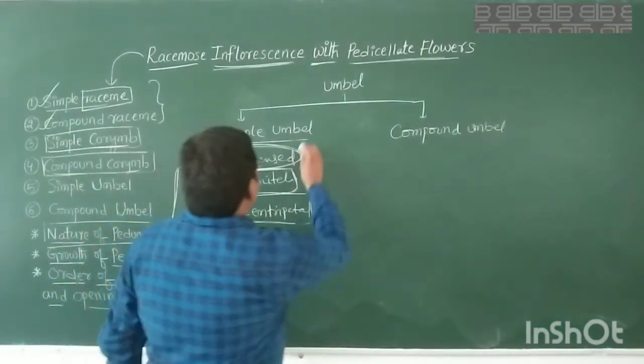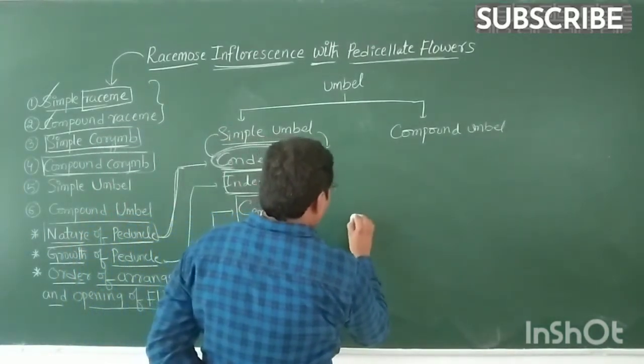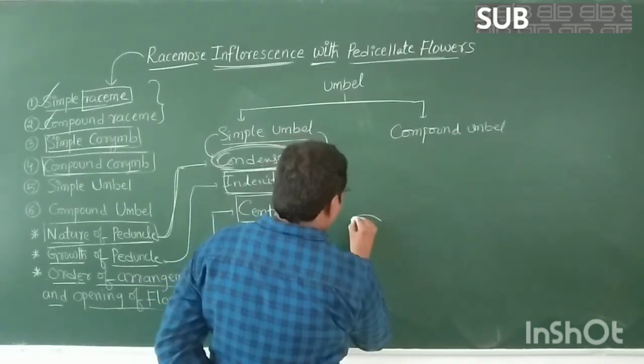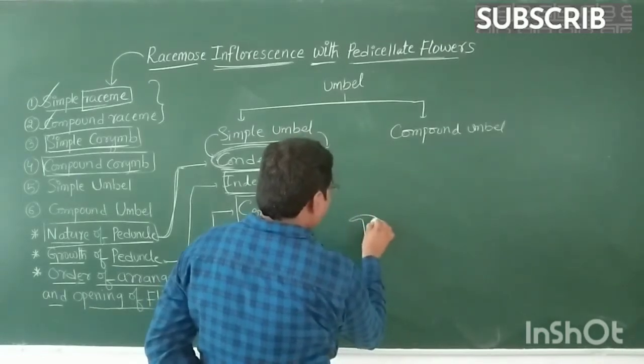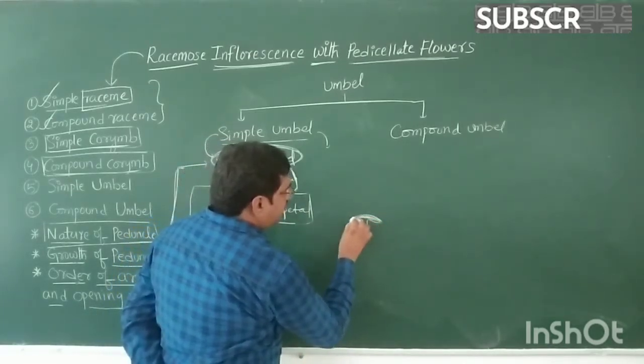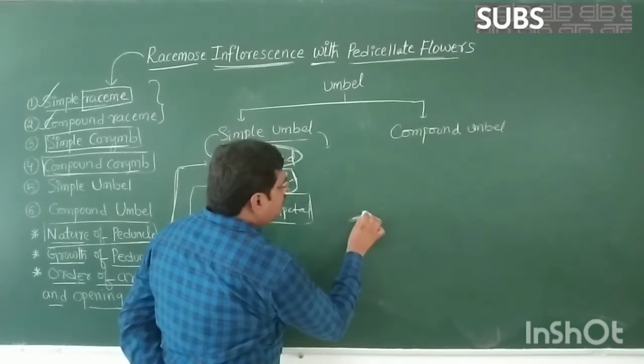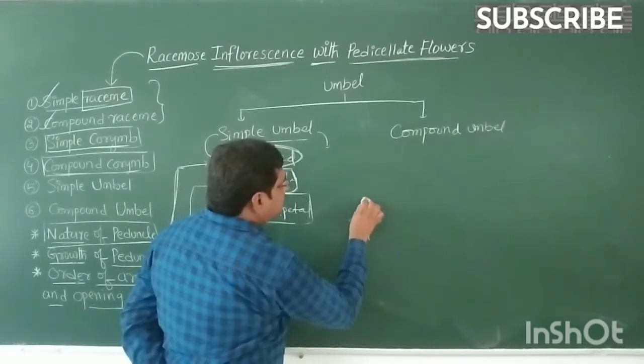See, what is the structure of the simple umbel? The peduncle is condensed to form the discoid shape of the peduncle. So on the peduncle, all flowers originate at the same point.